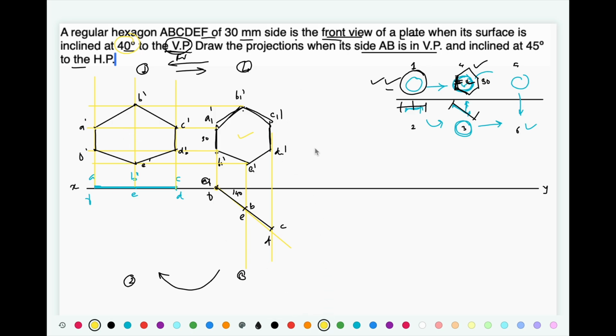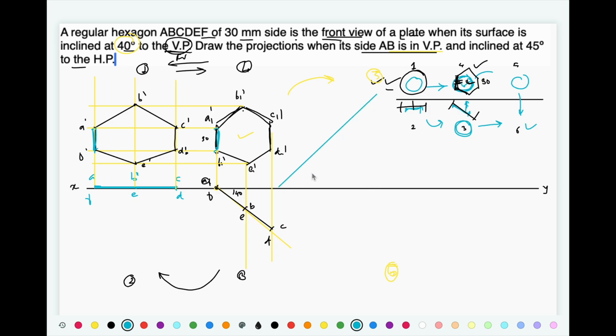Now let's proceed to step number 5. To draw step number 5, we are going to rotate this view. Now how we are going to rotate it? This side is in VP. Which side is in VP? This AF, or this A1 F1. This is the resting reference. This side is inclined at 45 degree to HP.